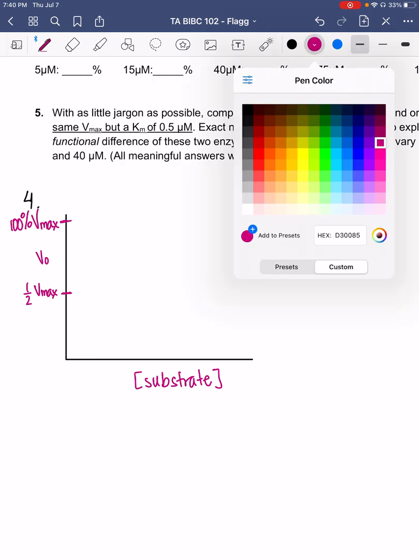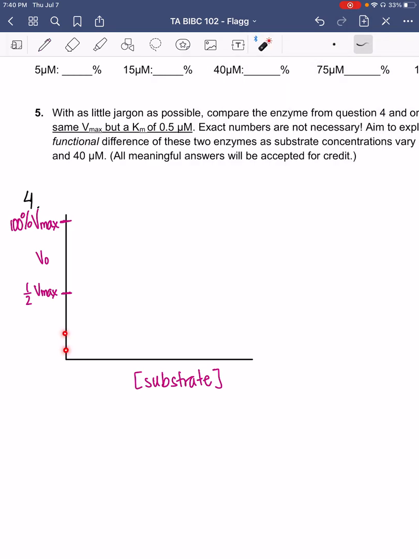Okay, so any value on the y-axis is going to be some velocity that we can call V0, or we can express any value on the y-axis as a percent of the total Vmax.